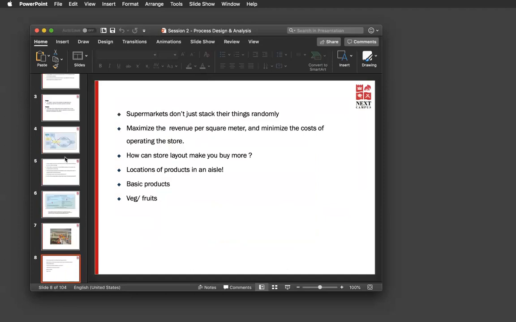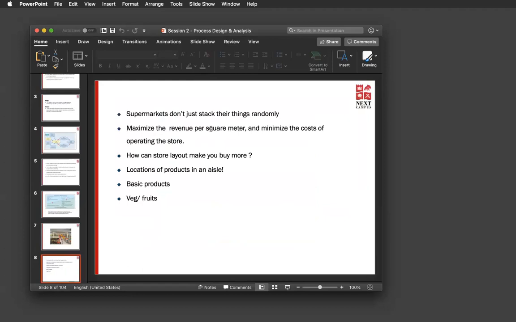Supermarkets don't just stack their things randomly. There's a logic behind it, and that logic is basically the process. It all depends on the movement of goods. Goods that are moving very fast are high volume because they have to be replenished very fast. So they will be stacked differently, in a different position.